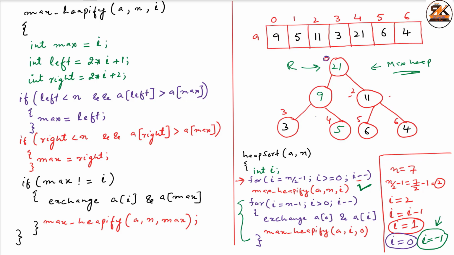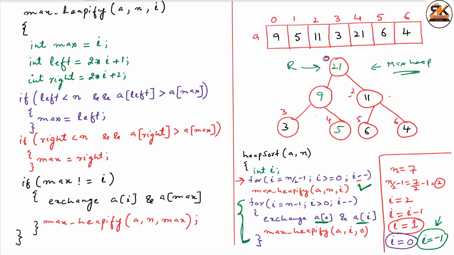Now these statements are written to exchange the values pointed to by a of 0 and a of I. Okay, now I will not do the dry run of this particular loop. I will leave this particular loop, from this point to this point, for you, so that you do the practice and understand. Now what we have to do is exchange the contents pointed to by the last element and the root element.